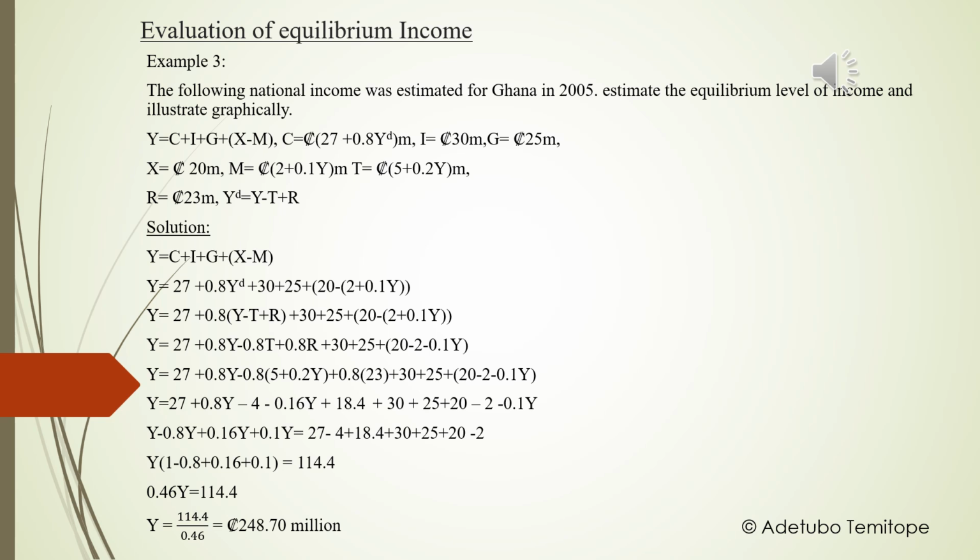We have Y equals 27 plus 0.8Y minus 0.8 open bracket 5 plus 0.2Y close bracket plus 0.8. We also insert R, open bracket 23 close bracket plus 30 plus 25 plus open bracket 20 minus 2 minus 0.1Y.